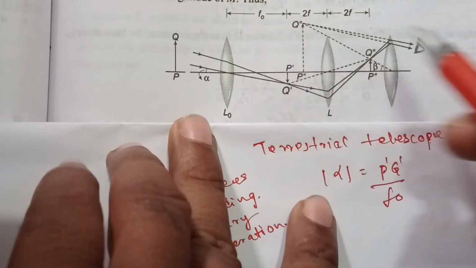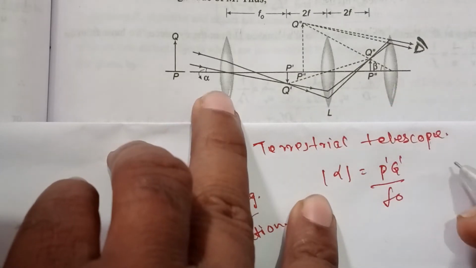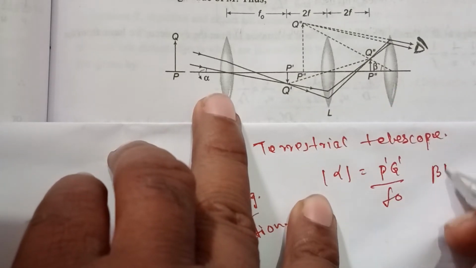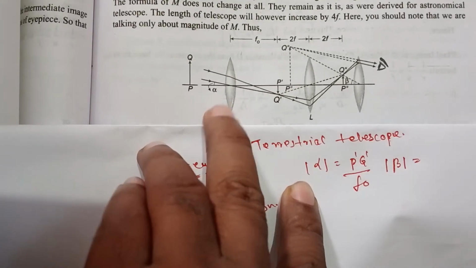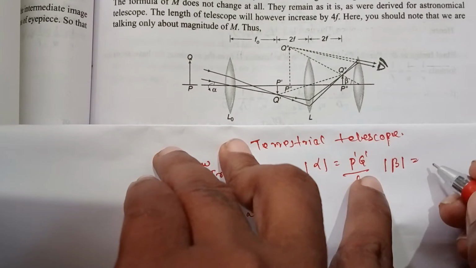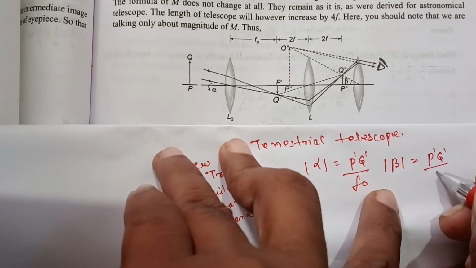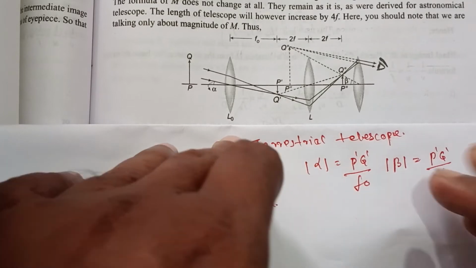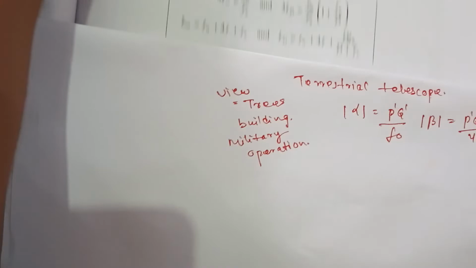This one is f naught, and this is p dash q dash. Beta is equal to p dash q dash by ue.